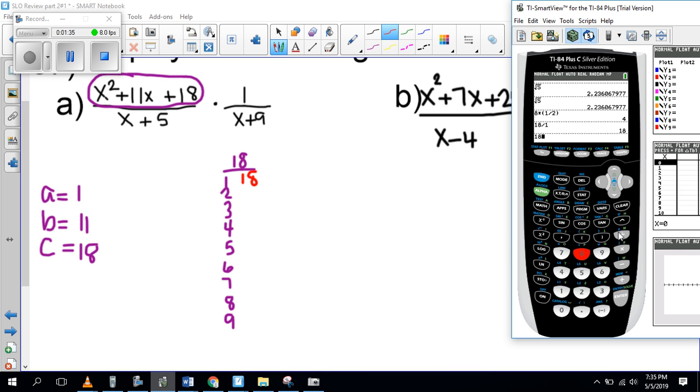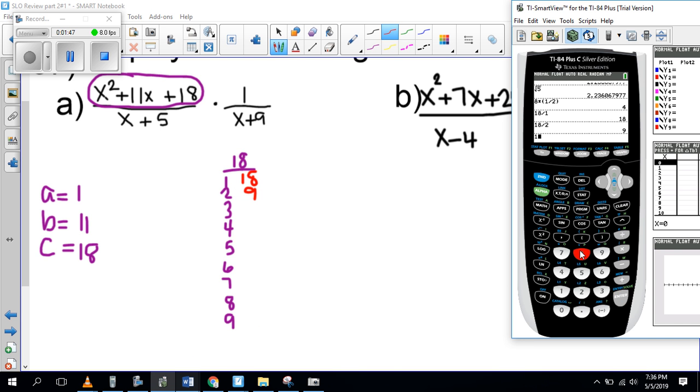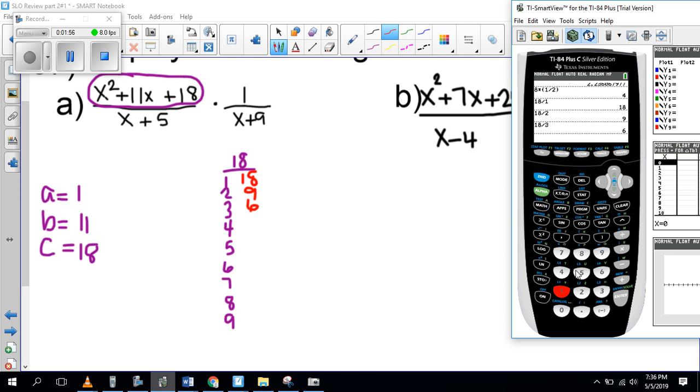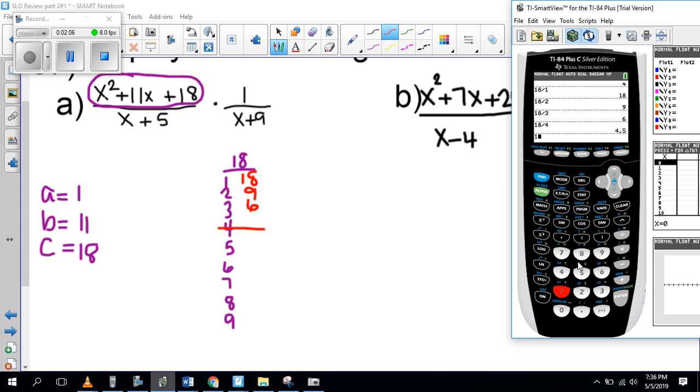And then we do the next one. 18, you put in first, divided by 2, and we should get 2 and 9. Okay? 18 divided by 3, we get 3 and 6. 18 divided by 4, we get a decimal. So remember, we mark decimals out. 18 divided by 5, we get a decimal again.